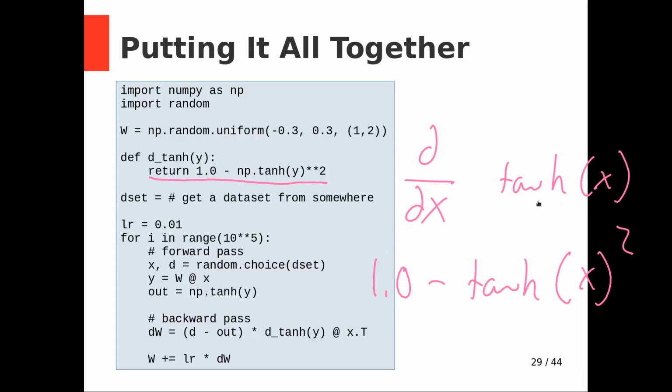And so the fact that tan-h appears in both of these, if we wanted to be clever, we actually could do some caching here, but we're not really going to worry about that for this simple thing, right?